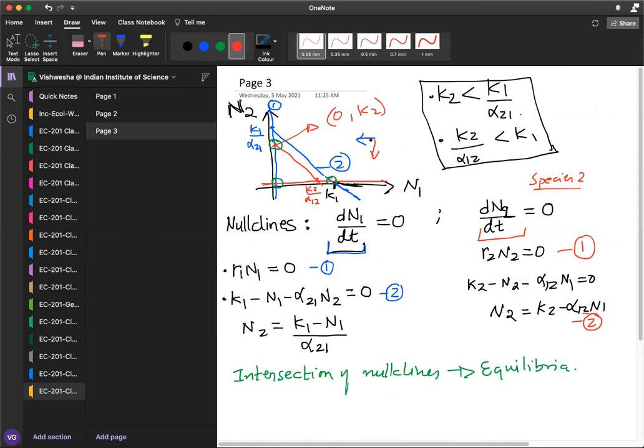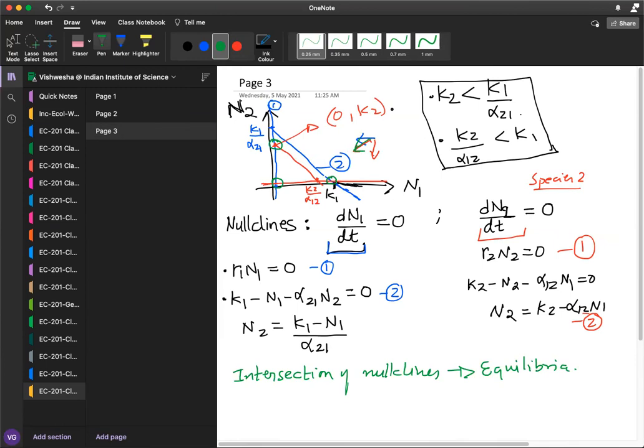As a net result, both N1 and N2 are reducing. So one general rule of thumb is that, at least for this model, if you are above the null line, the growth rate is negative for that species.